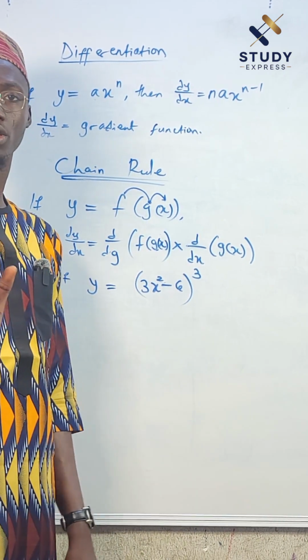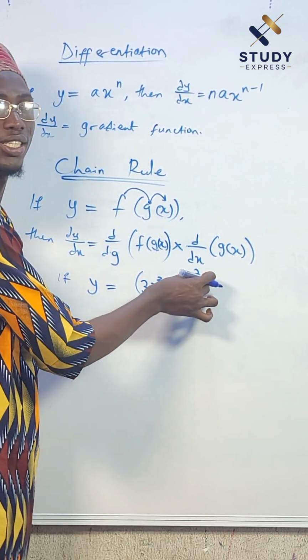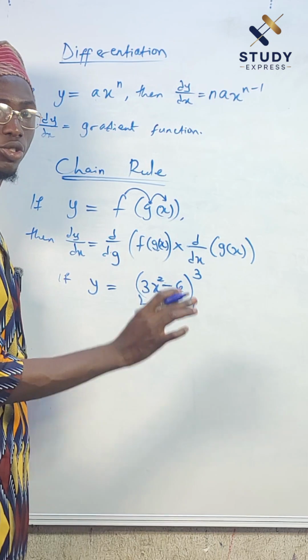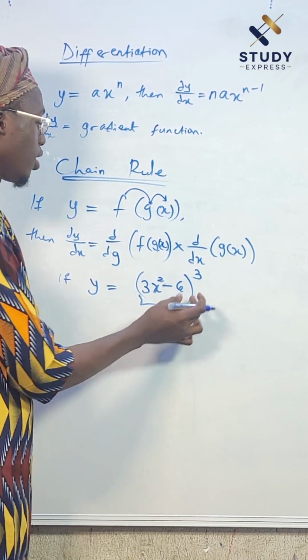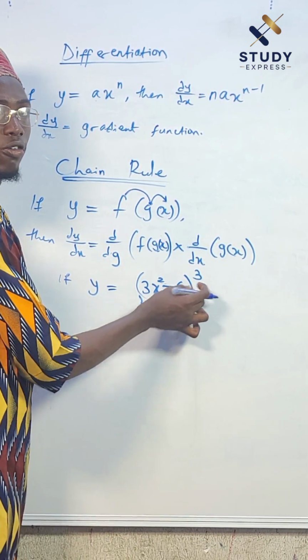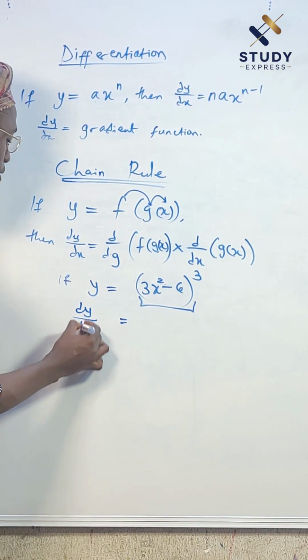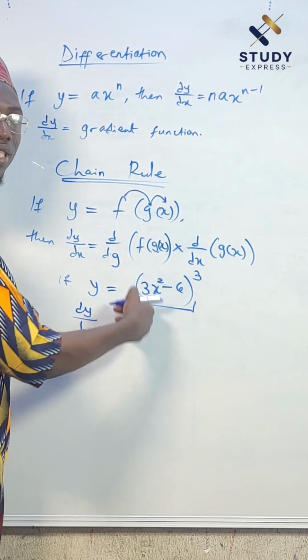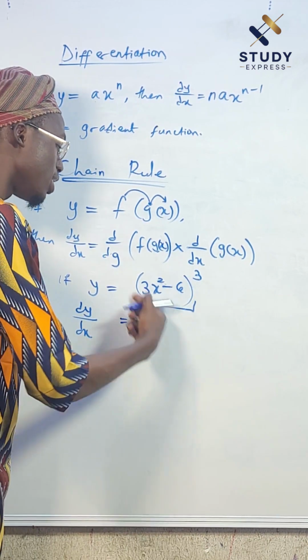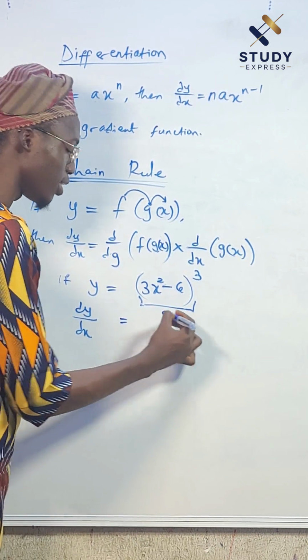Actually, I'm just going to take you the shortcut. You differentiate outside, take everything inside as one value, just differentiate it like it is your usual x. So this one is going to be a function on itself, while this is another function. By the time I differentiate, my dy/dx is going to be equal to, this 3 comes down directly. You know, this is my g of x in this case.